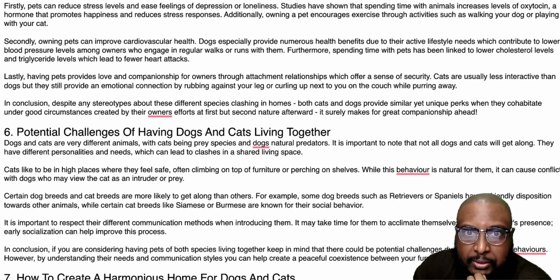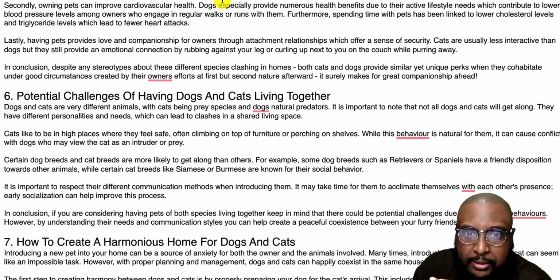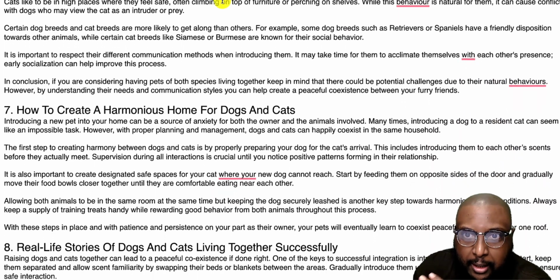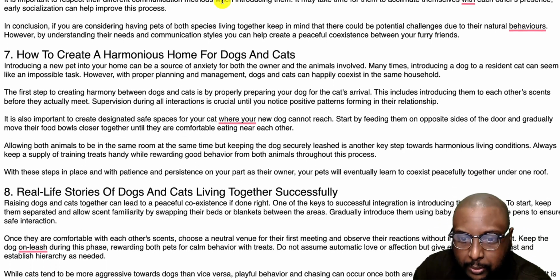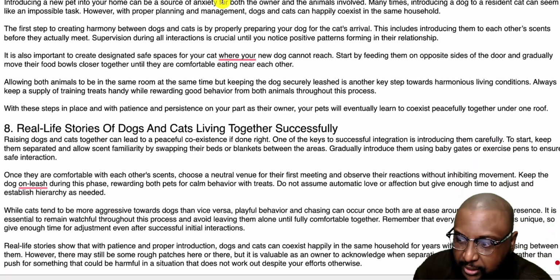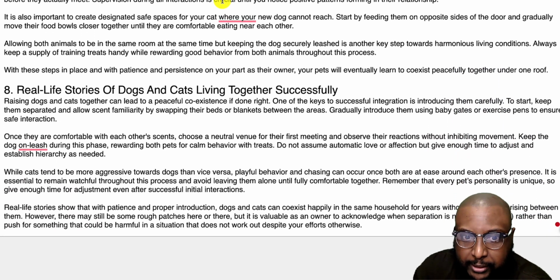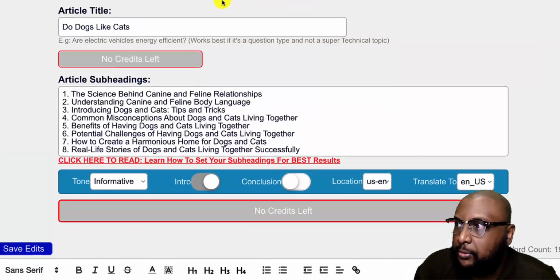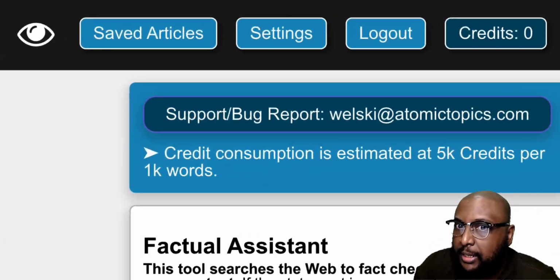Let's see. Pets such as dogs and cats offer numerous benefits to humans. So I'm gonna just scroll, and you could pause and read through this article to see what you think about it. But this looks very good. Let's see how many credits it used up. I used up all my credits.